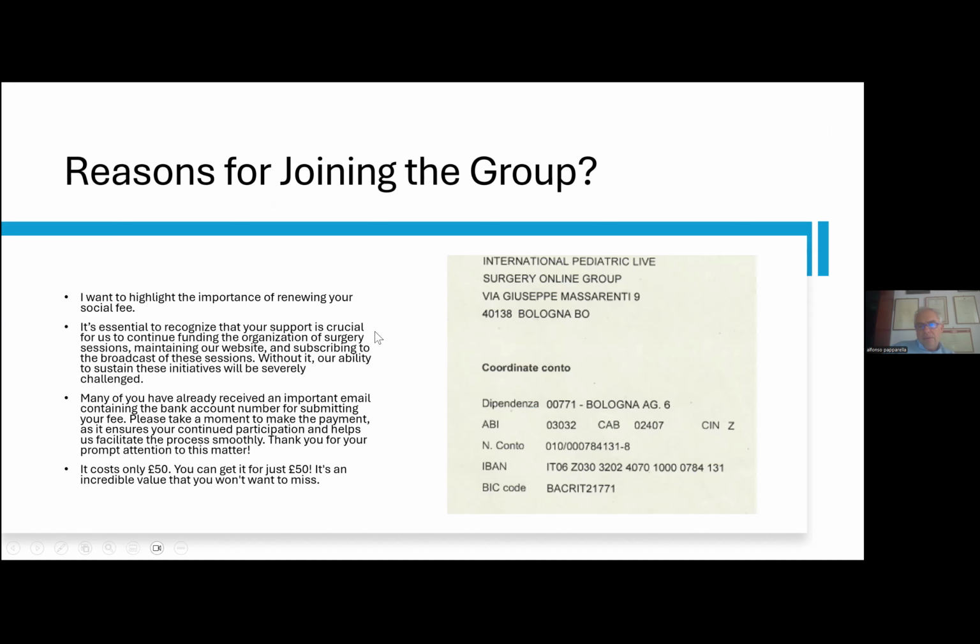Just take a moment to make the payment and give your tribute to sustain the group. I think it's really an incredible value, and I present this value to all the members. It will be fine if you want to join us and sustain the group again.